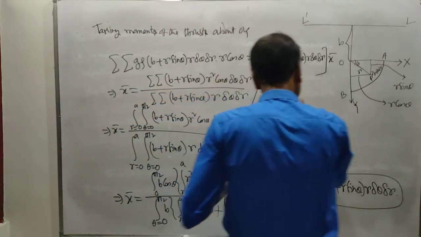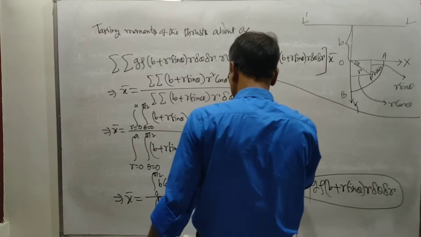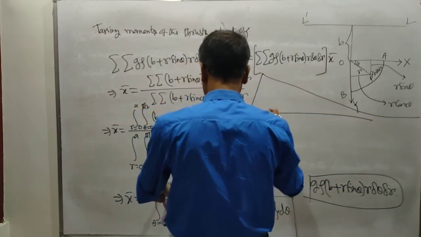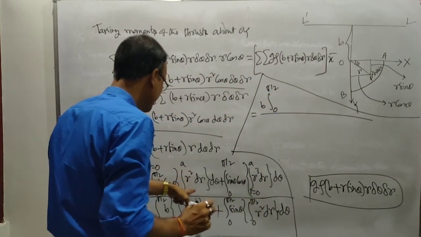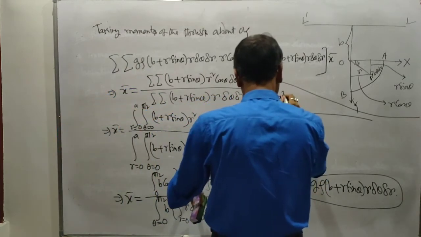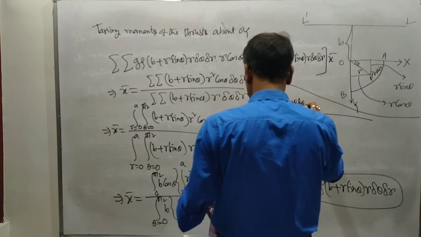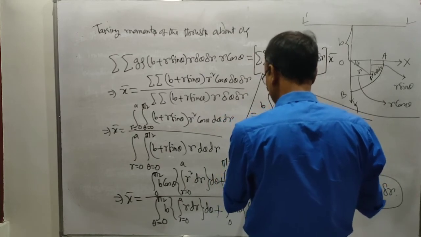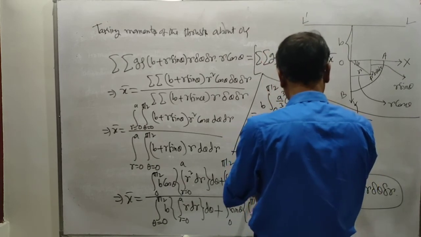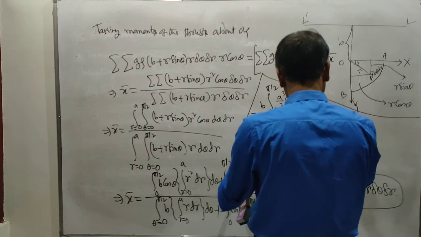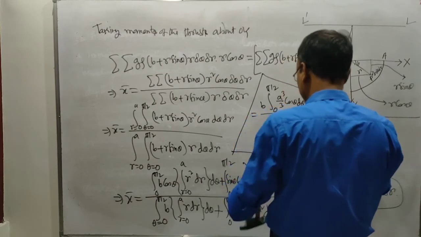From this, I am writing here, this is equal to, b can be taken outside, integration 0 to pi by 2, r cube by 3 means a cube by 3 cos theta d theta, plus again a to the power 4 by 4, 0 to pi by 2 sin theta cos theta d theta.